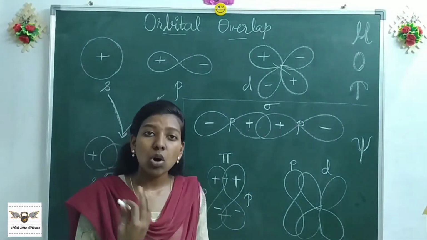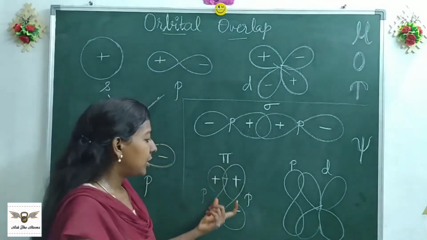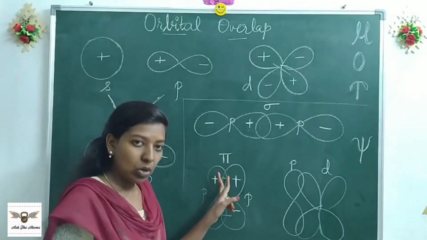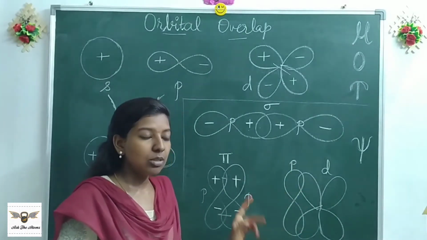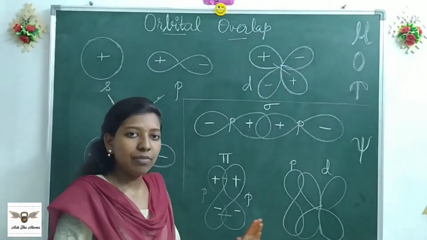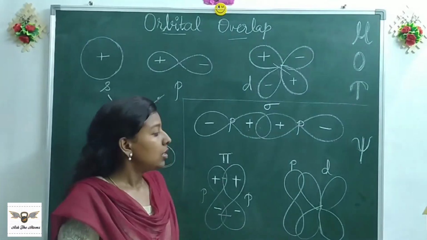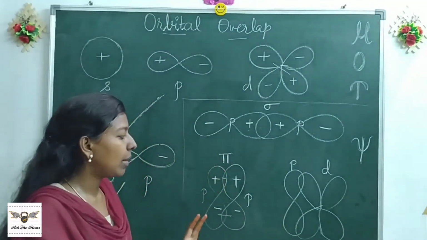Now tell me, which orbitals can be involved in lateral overlapping? Those orbitals that are doubly lobed. So it should be either p orbitals or d orbitals, or a combination of p and d. Of course f can also form pi bonding, but let us not talk about that now. So p, d combinations can give you pi bonds. So remember.